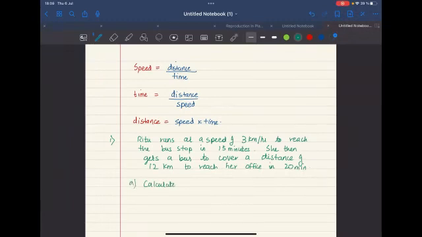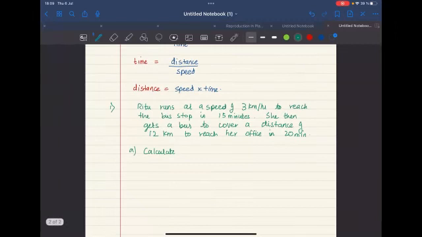So first thing you need to find is calculate. You can take 15 minutes to complete the whole sum, okay?